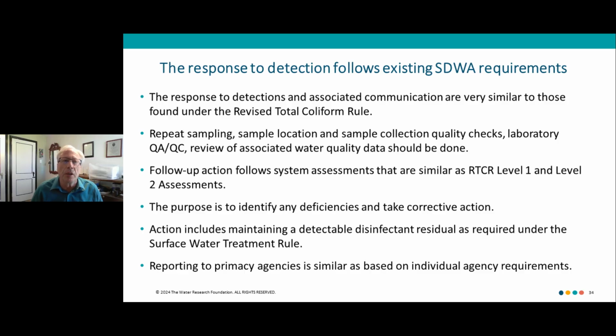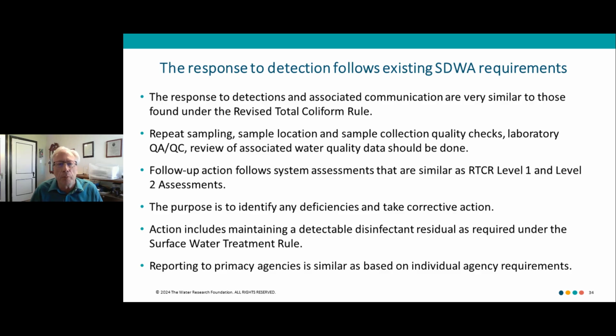Repeat sampling, sample location and sample collection quality checks, laboratory QA, QC, and a review of other associated water quality data. Or maybe you get the first positive, and then you say maybe there's some additional data we'll collect on the repeat sample. Follow-up actions, depending on the quantity that you get of Legionella, you can follow the RTCR level 1 and level 2 assessments. You should be familiar with them.